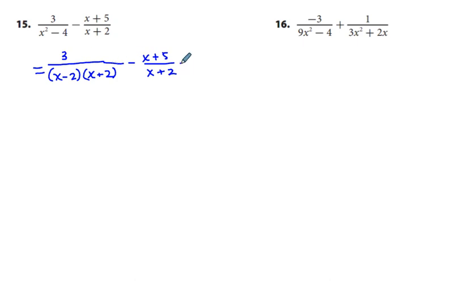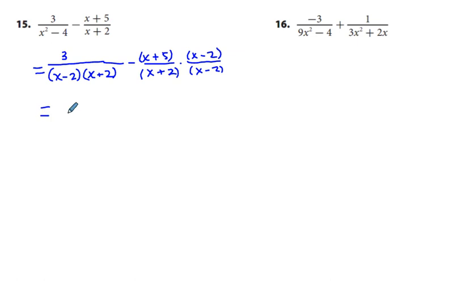Yes, we can multiply by x minus 2 over x minus 2. And so now I'm going to parenthesize everything on top here. So this is what we have. We are going to have a common denominator of x minus 2 times x plus 2.